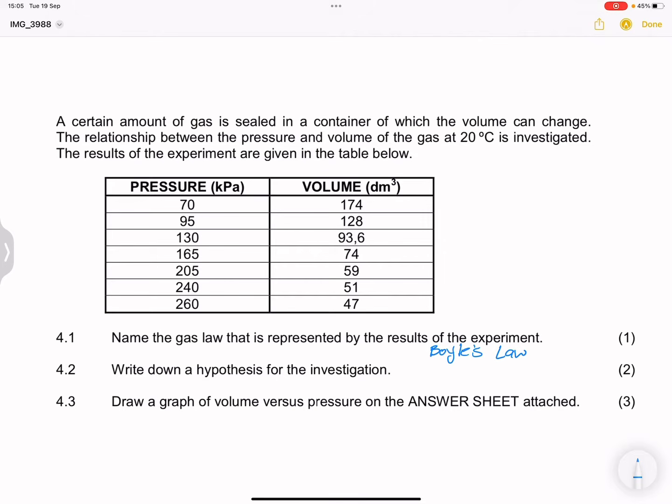So what can we say? If you notice there, I can see that as I increase the pressure, the volume of the gas decreases.